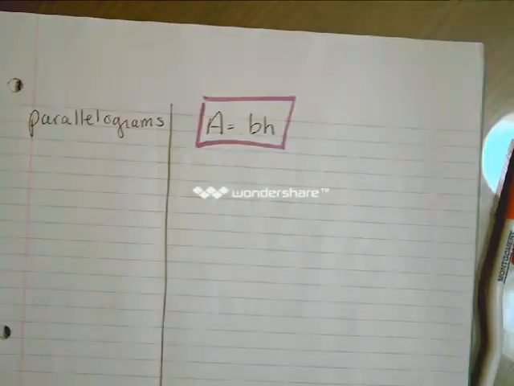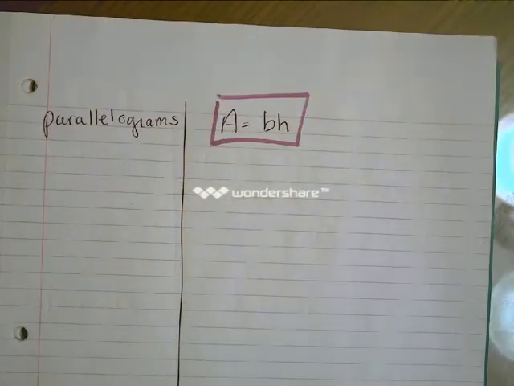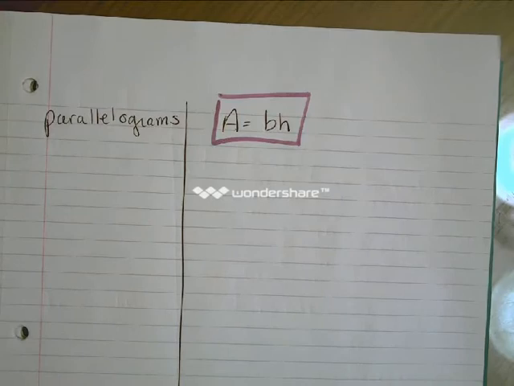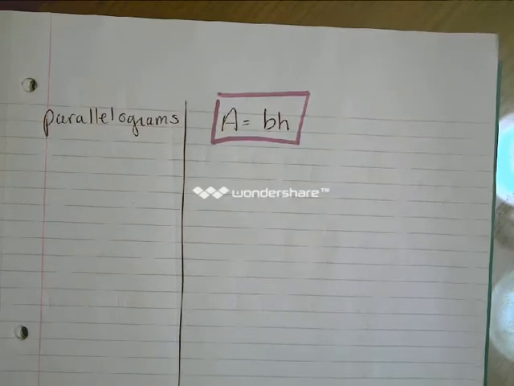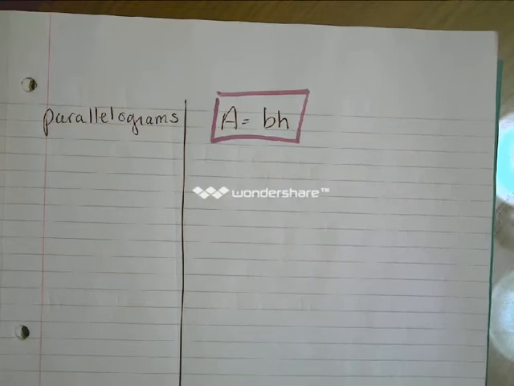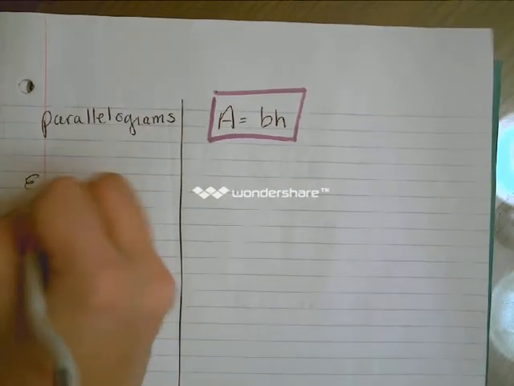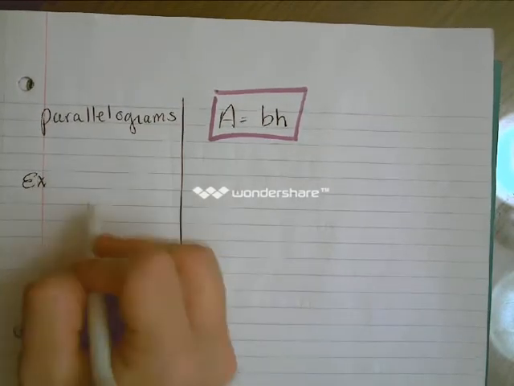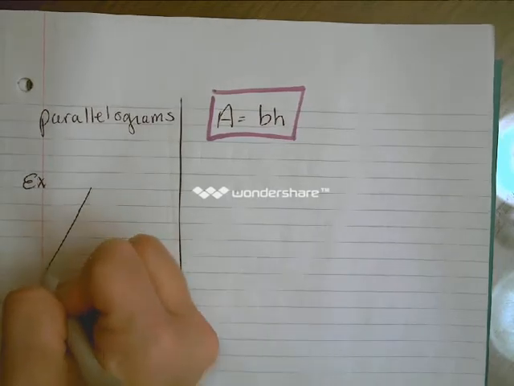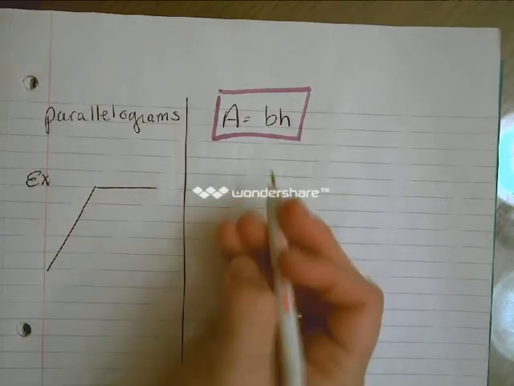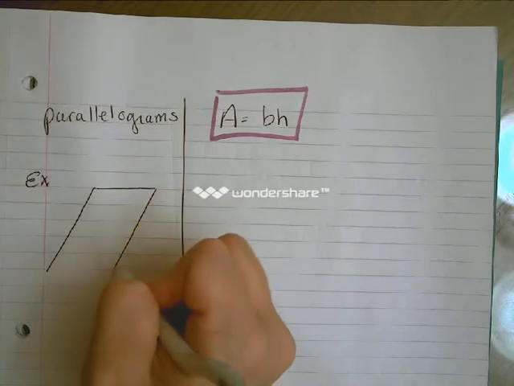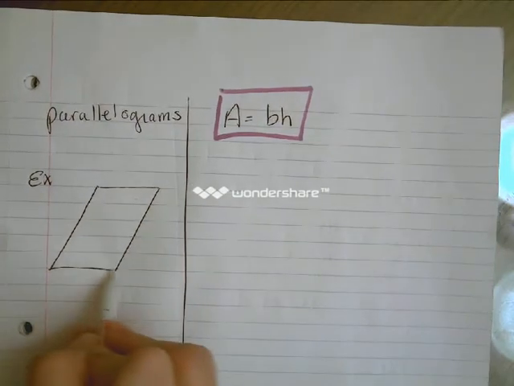It does not have to be a rectangle. It's just base times height. Works for any parallelogram. If I have time, I can show you on the Inspire calculators why that's true, because I can make a parallelogram and then adjust it and show you why it will always make base times height. Oops, that's an 8.